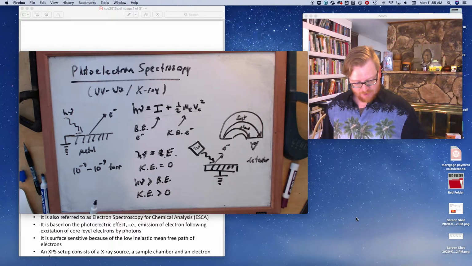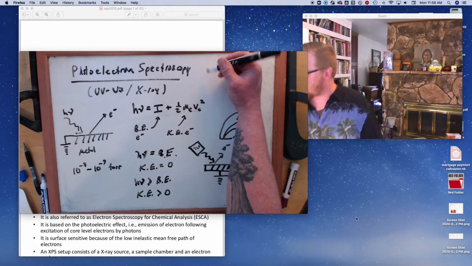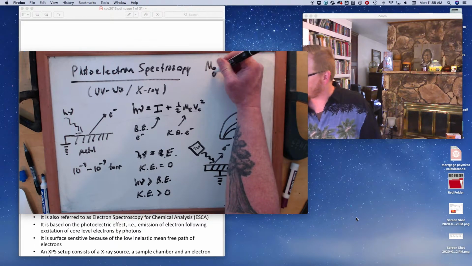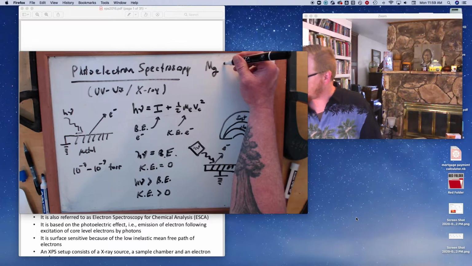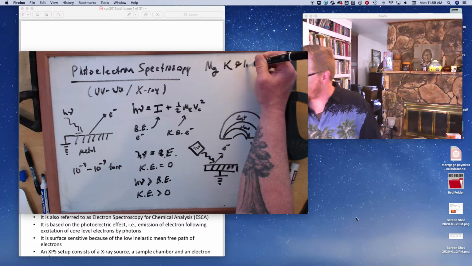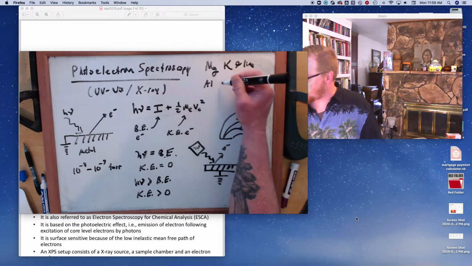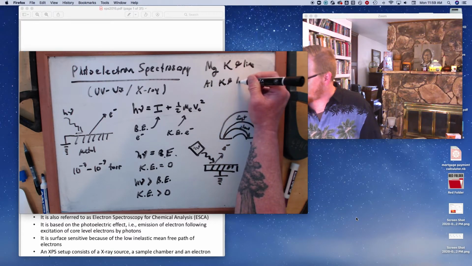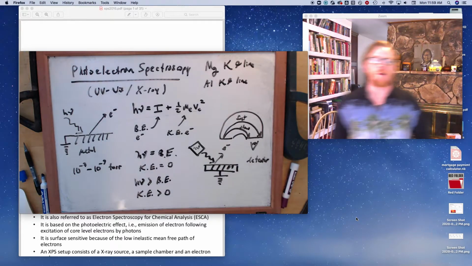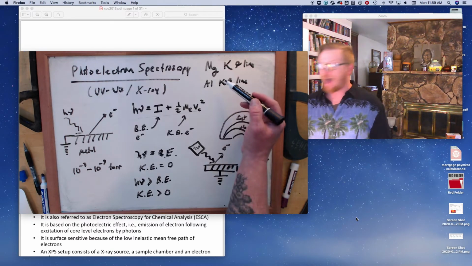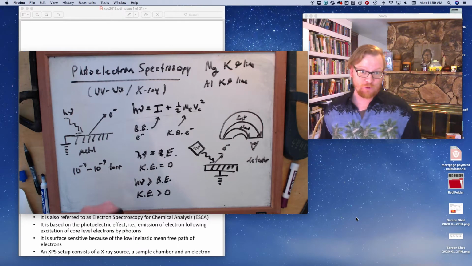So I'll write down what you typically use. I think I have it in another document. Typically we use the magnesium K alpha line or the aluminum K alpha line. And if you recall from our spectroscopic notation, the K shell refers to the 1s core level.